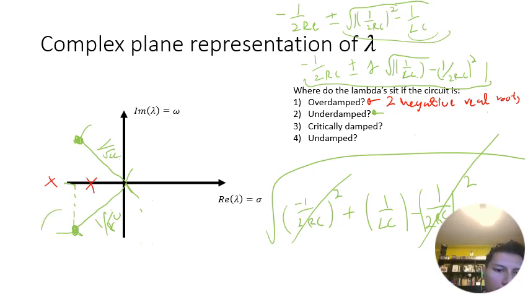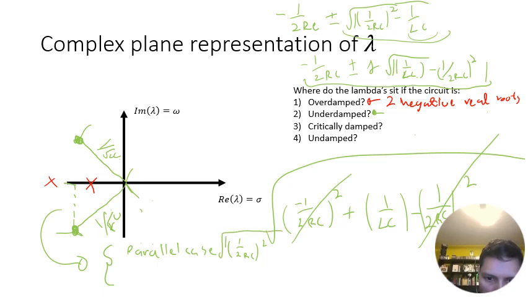So for the parallel case, it's going to be, what is it? Yeah, the square root of (1 over 2RC) squared minus 1 over LC. So remember the magnitude of that.